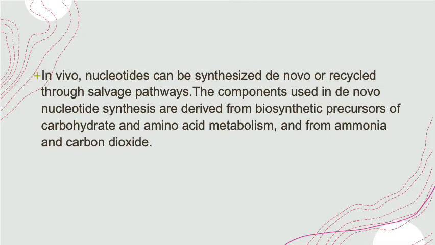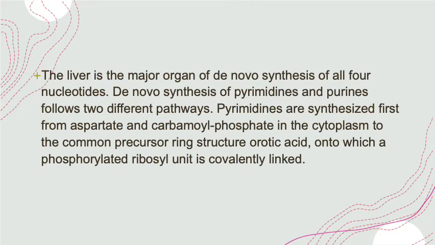So the components that are used in de novo nucleotide synthesis are derived from biosynthetic precursors of carbohydrate and of amino acid metabolism, as well as from ammonia and carbon dioxide. The liver is the major organ of the de novo synthesis of all 4 nucleotides. So we also want to keep that in mind.